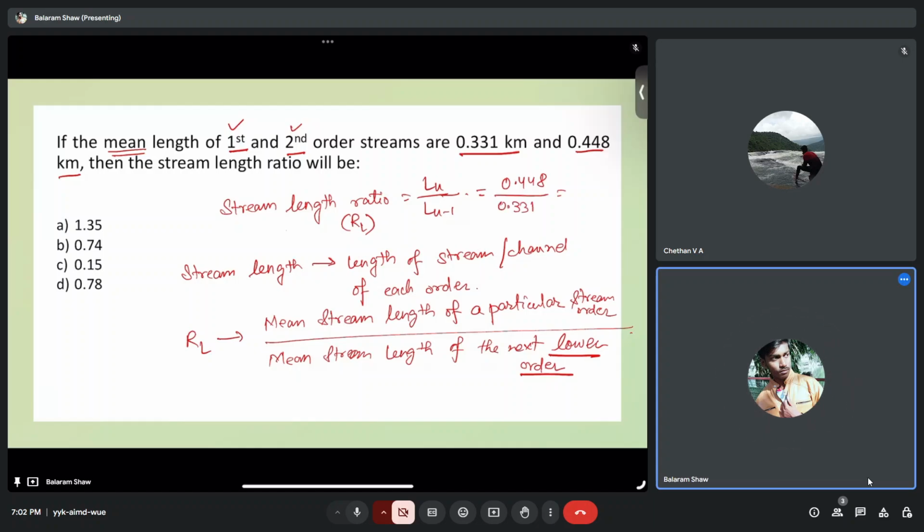Just divide, tell me how much you are getting. 0.448 divided by 0.331, I'm getting something like 1.353. So the correct answer will be A, that is 1.35. I hope you got the answer. Any confusion or any question till here?